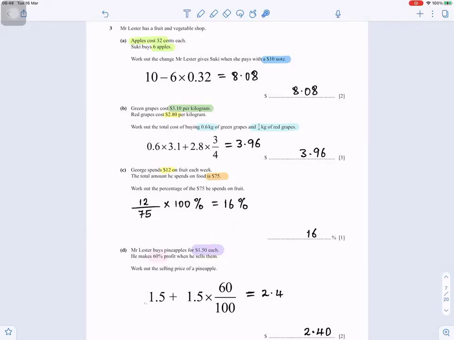So you will do 60 over 100 times $1.50. That tells us what 60% is. And then you add that to the original amount. So what you're doing is the original amount, the $1.50 plus the 60%, and that gives you $2.40.